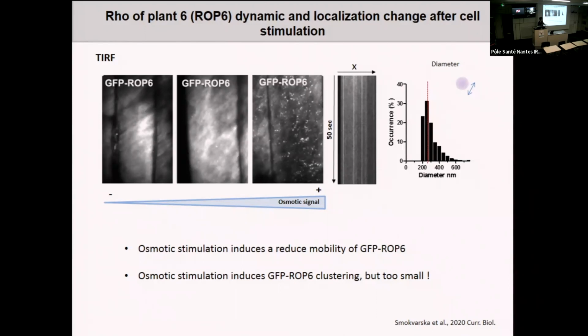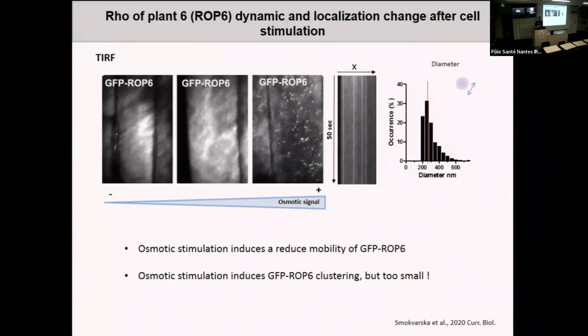If we increased the concentration of the osmotic signal, more clusters formed. We also found that those structures were pretty static, as you can see on the kymograms, and very small, more or less at the size expected for the diffraction limit.